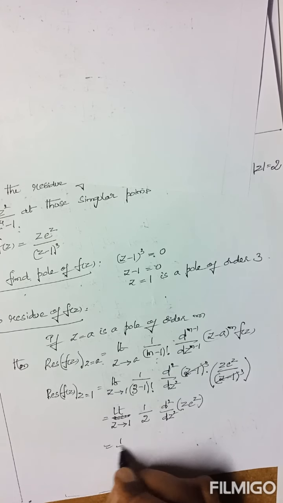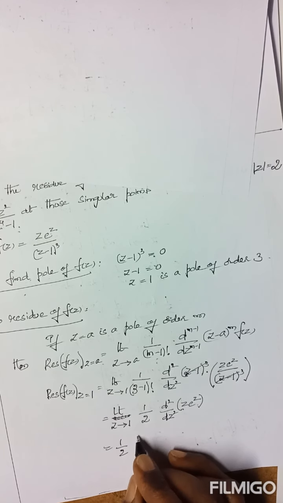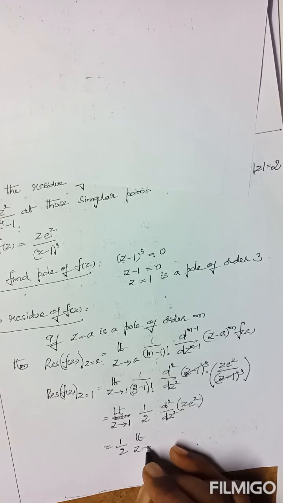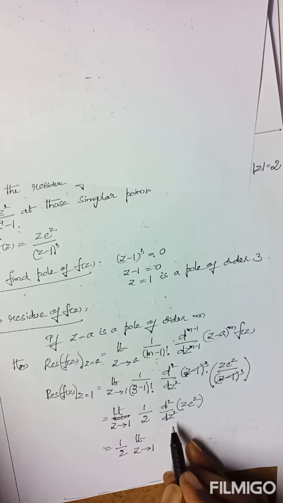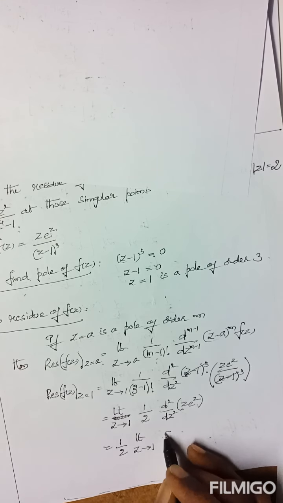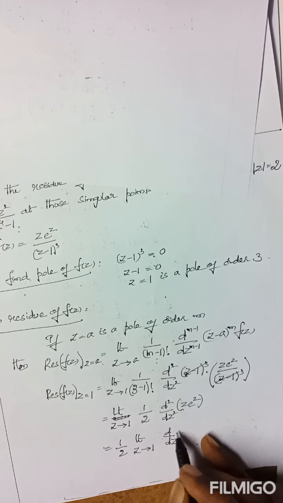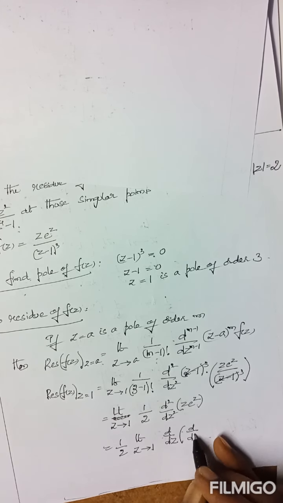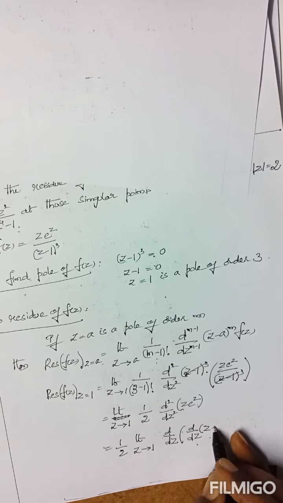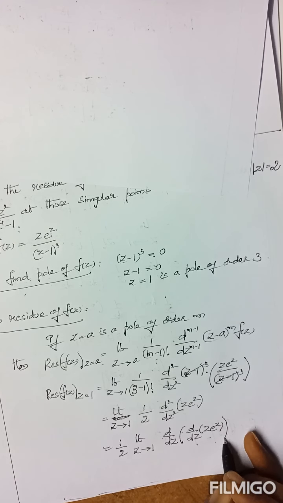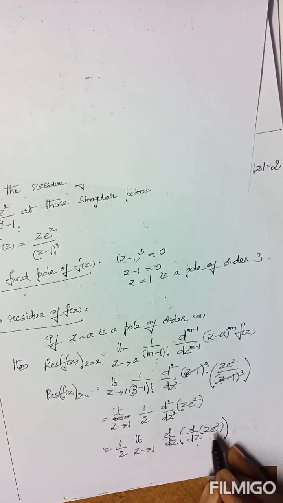Here 1 by 2 is a pure number, so write it outside. Limit of z tends to 1, d square by dz square can be written as d by dz of d by dz of the function z e power z. This is ordinary differentiation of the u into v form.